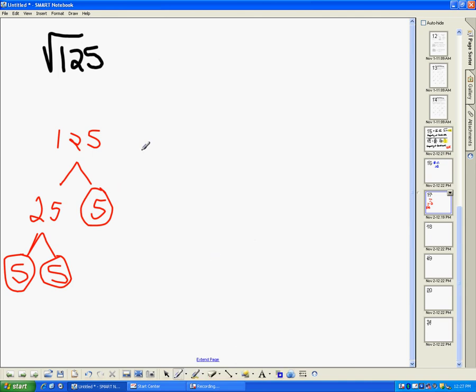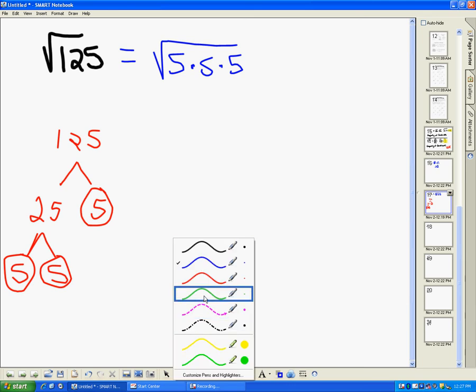The way we're going to use that here is I'm going to rewrite it as the square root of 5 times 5 times 5. And again, 5 times 5 times 5 is 125. The way I showed you in class is you want to look for pairs.